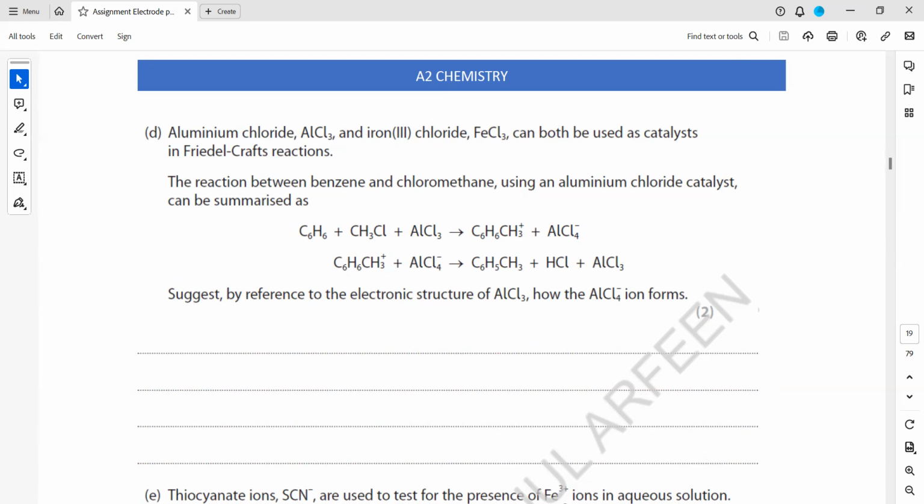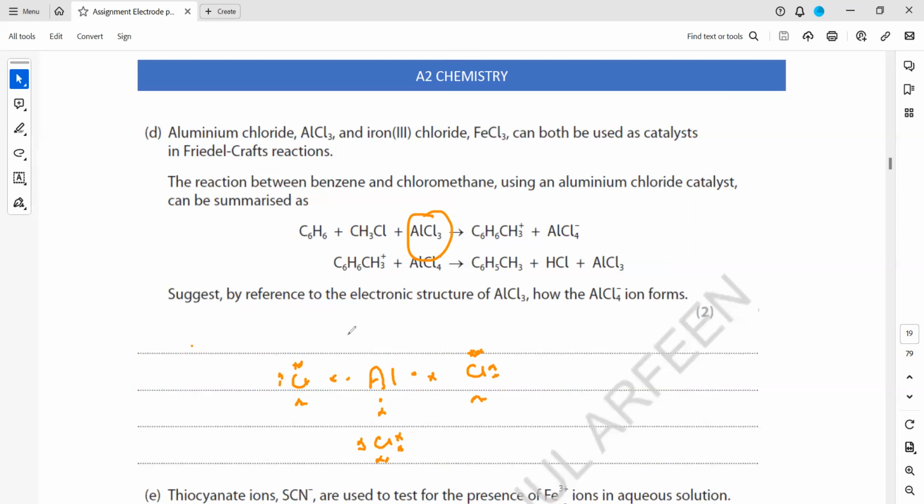So what actually happens here in AlCl3? AlCl3 is not an ionic compound. Even though it is an aluminium metal and chlorine non-metal, it's not ionic. This is exceptional; a few exceptional compounds are there. How is AlCl3 formed? Aluminium shares 3 electrons. So this is how AlCl3 is formed.